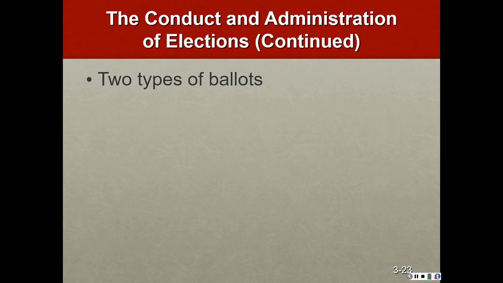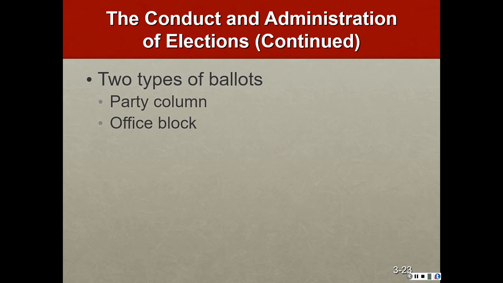I told you there's two types of ballots. I showed you the party column ballot a few slides back. The second type of ballot is called office block. And what occurs here is we will have the position. This is going to be in the general election. We will have the position, and it's going to have all possible nominees and their party affiliations.